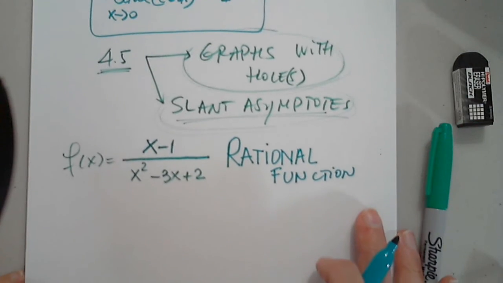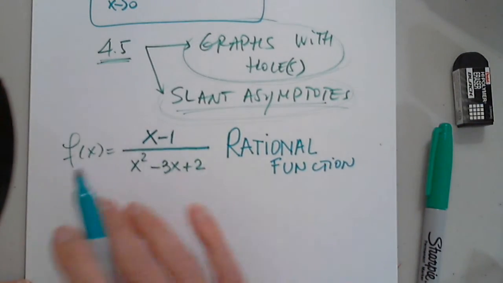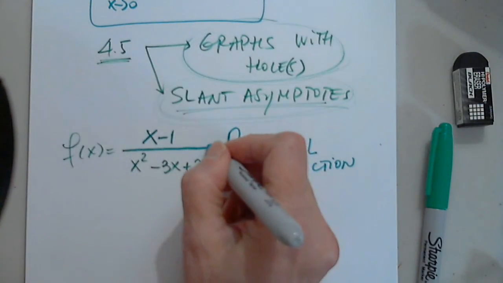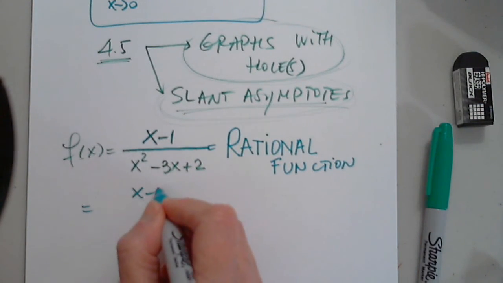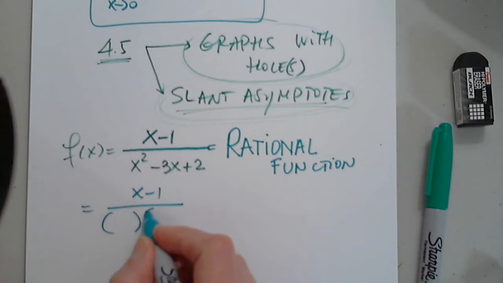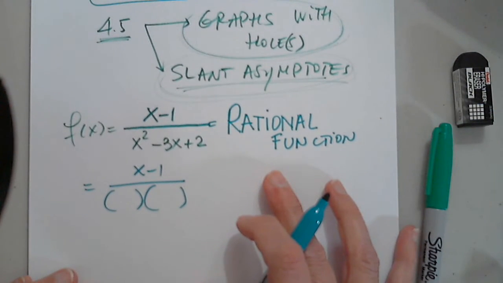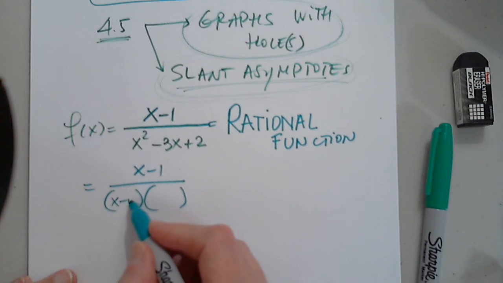Good. So no matter what you're asking or what we are asked to do with this function, I have to start with the domain. So when I factor the denominator, can anyone give us the factored form? X minus 2, x minus 1.